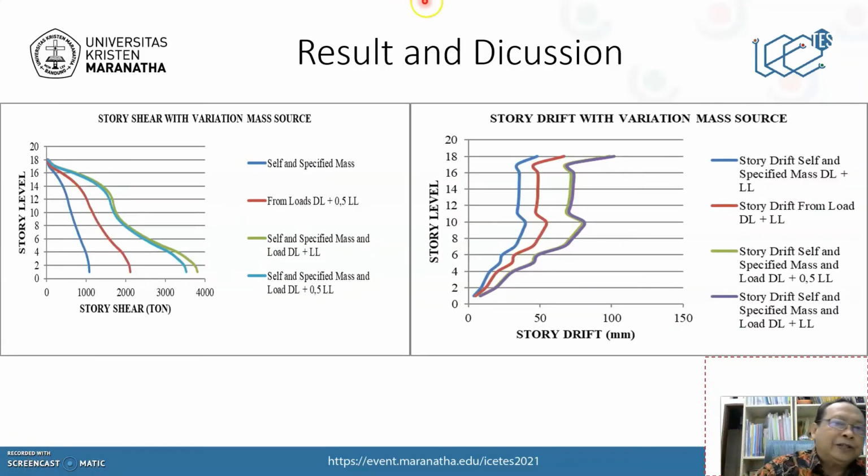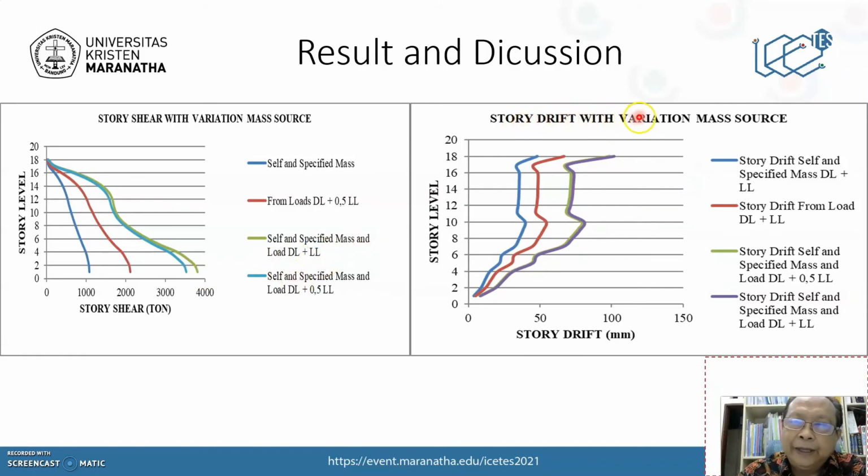In the graphic of story shear with variation of mass, it is shown that self and specified mass gives the lowest value, and after that from loads, the next is self and specified mass and load, and the last is self and specified mass and load.